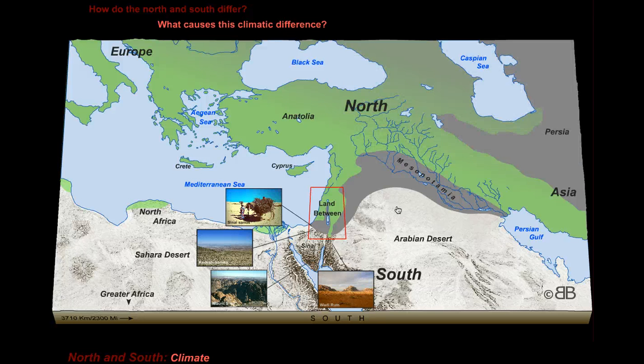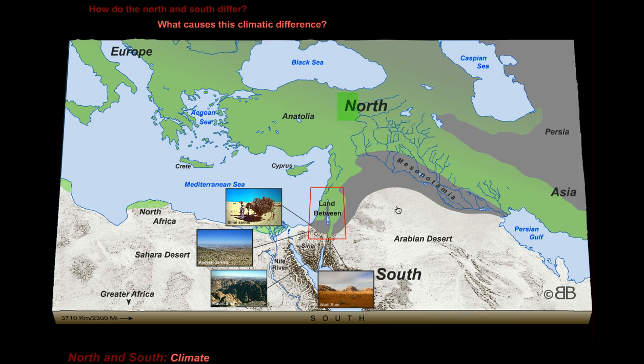These varied deserts result from the lack of rainfall and stand between the wet north and equatorial rains beyond the southern limits of this map, rains which produce the waters of the Nile River.